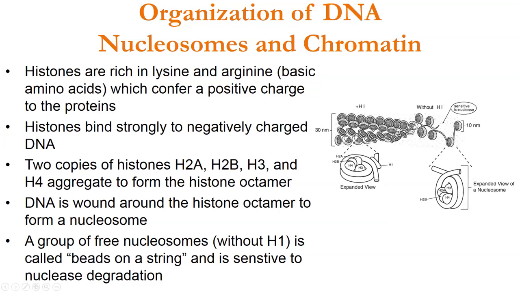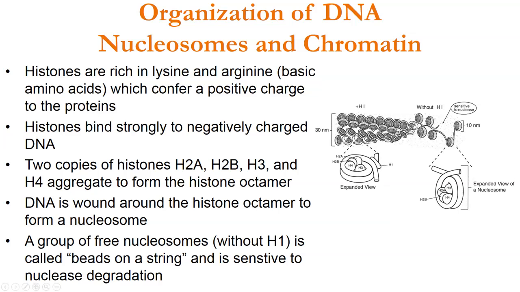So you have two copies of histone H2A, H2B, H3, and H4, which are shown in this little figure. They aggregate to form this histone octamer. That's what's shown right here. That's our nucleosome. Now you have to use your imagination because there are two copies of each of those proteins. We're looking down in this particular picture at this nucleosome.